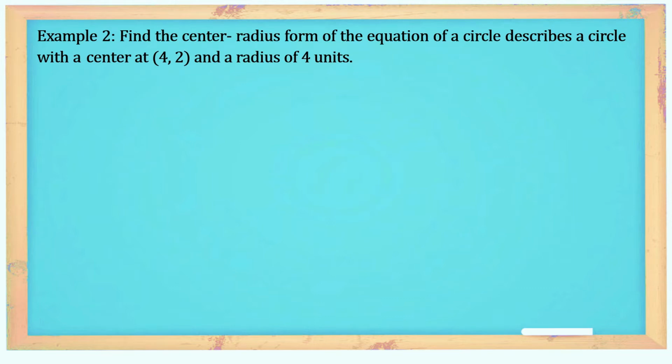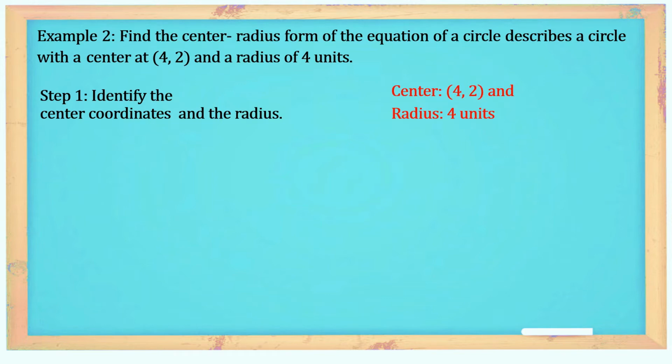Okay, next. Example number 2. Find the center radius form of the equation of a circle that describes a circle with a center at (4, 2) and a radius of 4 units. Step 1, identify the center coordinates and the radius. The center coordinates are (4, 2) and the radius is 4 units.